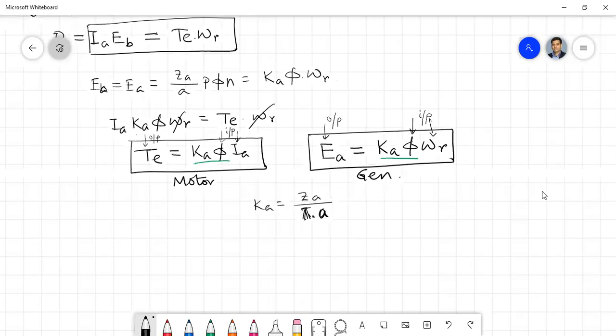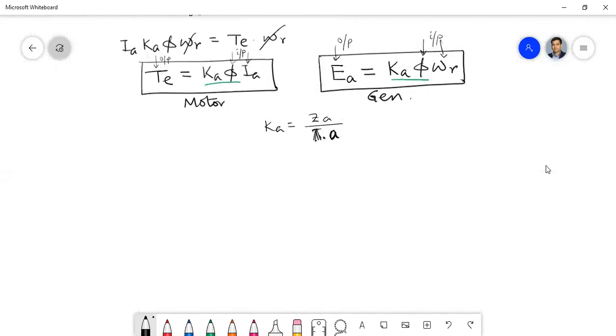Okay. Now for a motor, I should tell you a very important thing. Suppose a motor is rotating. Whether it will generate any torque or not, and how much torque and mechanical power will be developed, depends on how much power is required.